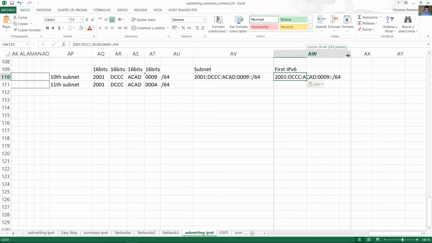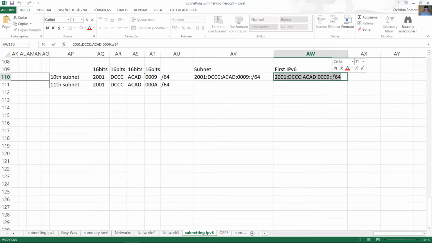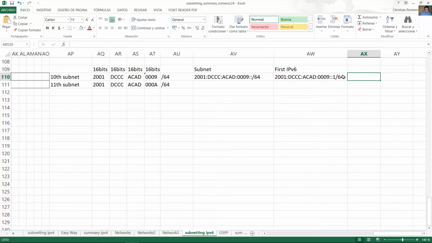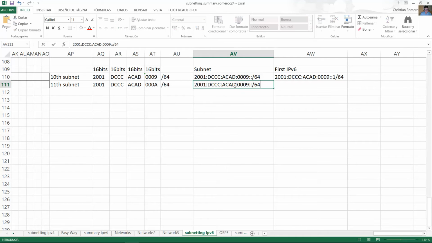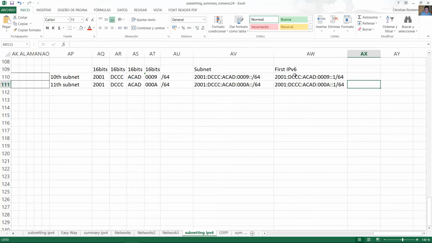The first IPv6 is this one. Very easy. And for subnet A, the 11th subnet, the first is A1.